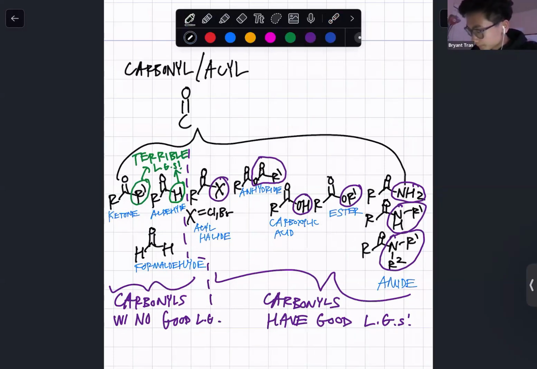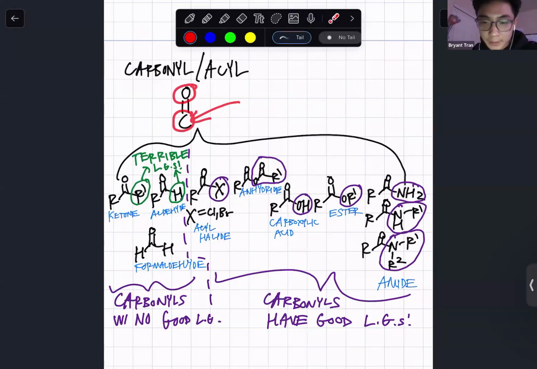So now, what is the partial charge of this carbonyl carbon here? Partial positive or partial negative? Think about the difference in electronegativity between this oxygen atom and this carbon atom. Which atom is more electronegative?